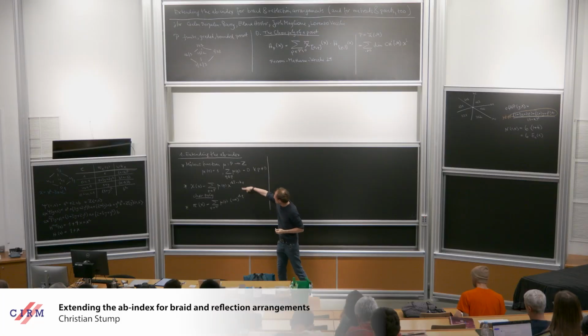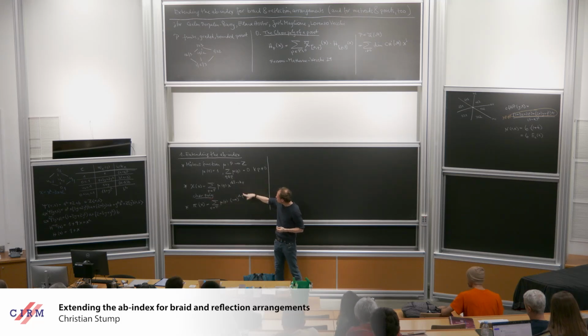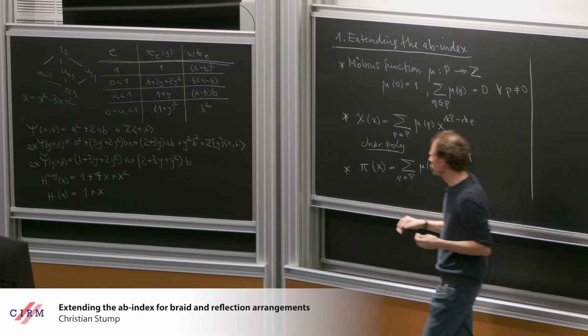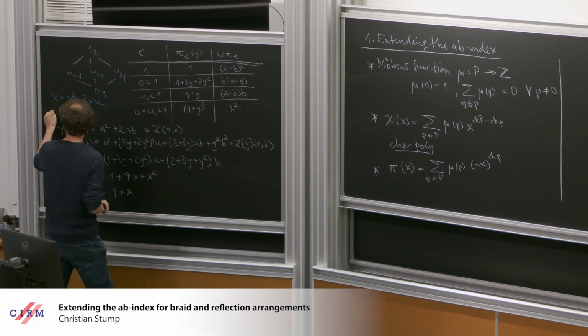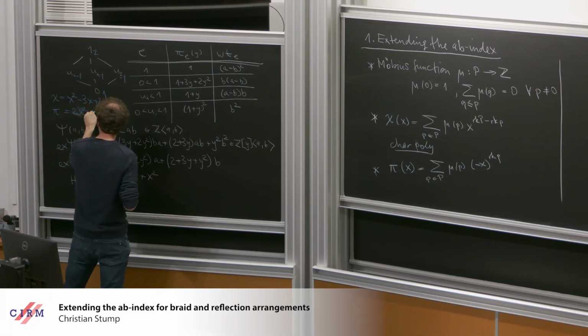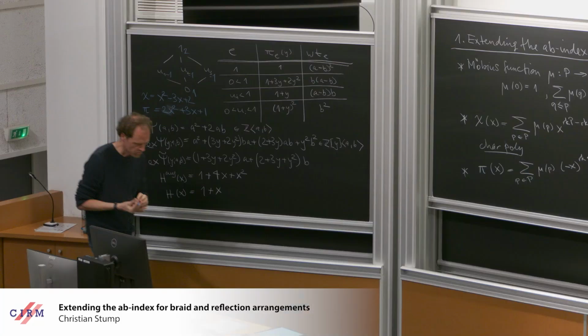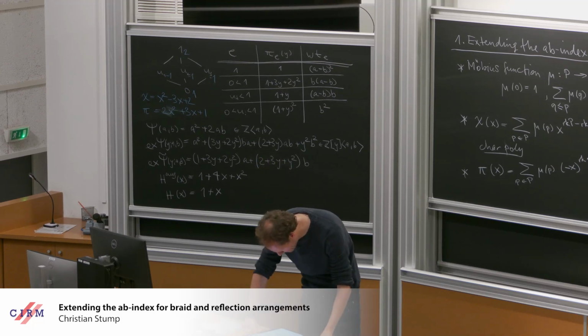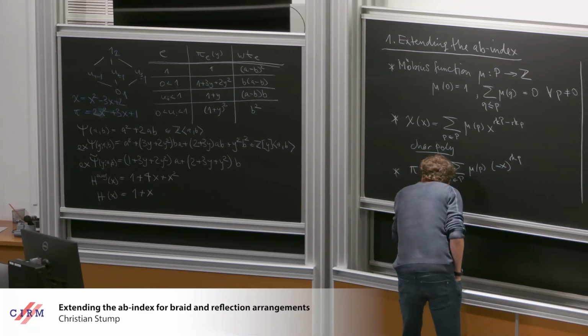This minus x turns the negative signs into positive signs, and the co-rank goes to rank. That reverses the coefficients. So this is then just x squared, 2x squared plus 3x plus 1. Okay? We are not done yet, there are more polynomials to come. So that's the Poincaré polynomial.